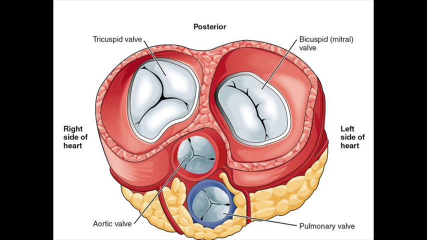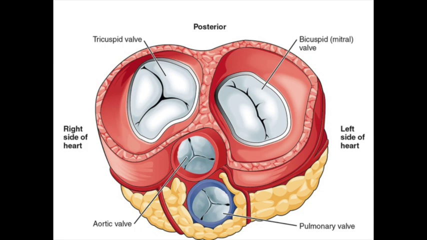Then if you look carefully, you can notice two other thin smaller valves called the semilunar valves, as I told you. One of them is the aortic valve, but keep in mind it's tricuspid, and the pulmonary valve is also tricuspid.